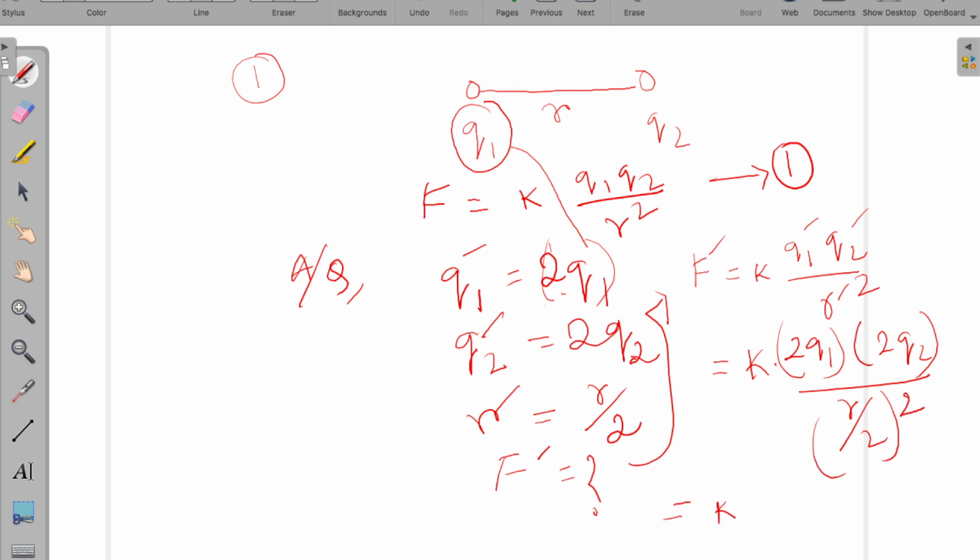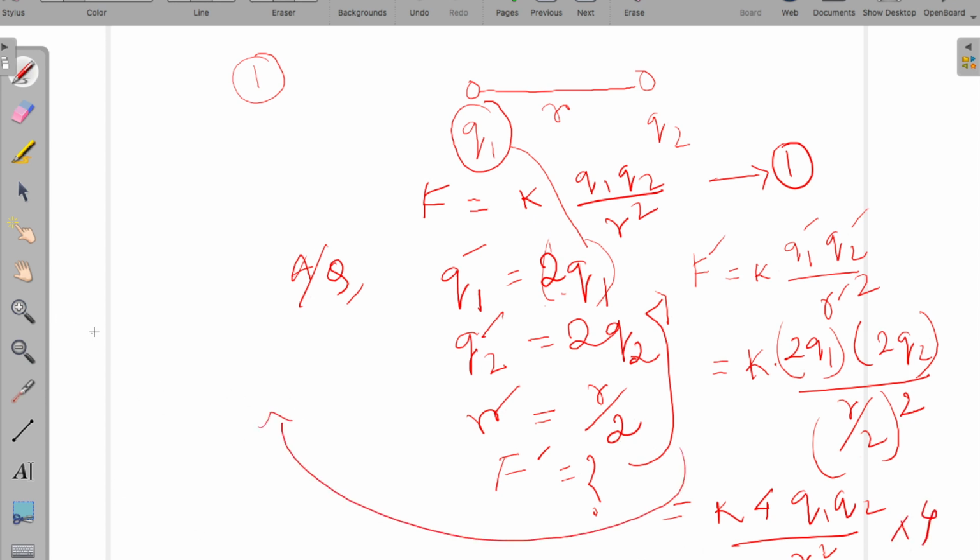Now we write K, 2 multiplied by 2 is 4, Q1 Q2 divided by r square. The 4 from the bottom goes up here, so the force F dash will be 4 multiplied by 4, which is 16, K Q1 Q2 divided by r square.